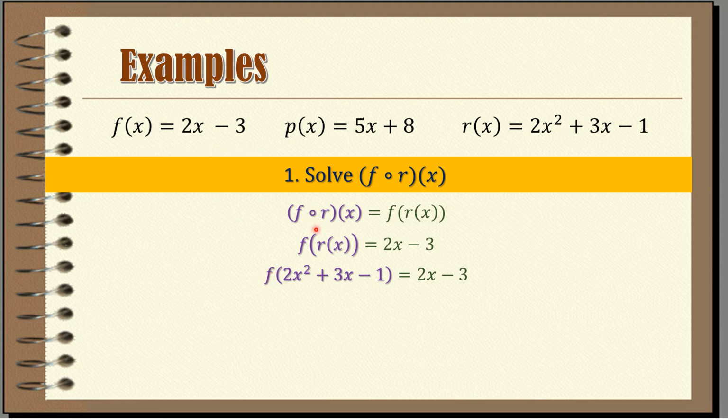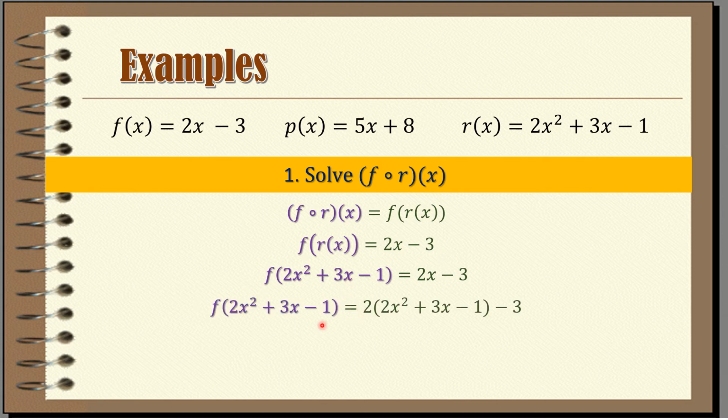So what letter comes first on the left side of the equation? We have f. Then we are going to write its corresponding function on the right side of the said equation. Does it make it clear? So having this function, we are going to replace x with this polynomial.